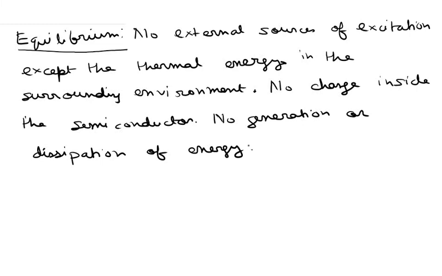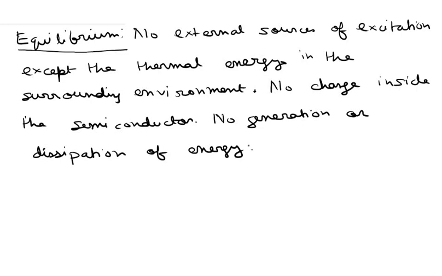This basically means that no voltage source can be applied to the semiconductor, because if voltage is applied, then a current would flow, and this would result in energy dissipation basically. Okay, so since there can be no generation or dissipation of energy, this basically means that no voltage can be applied across the semiconductor, and no current can also flow through the semiconductor.